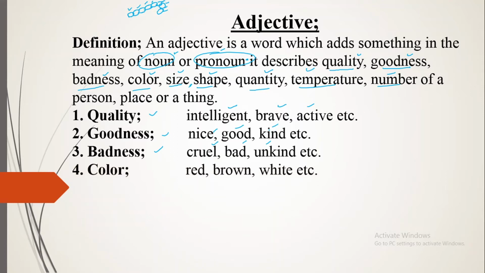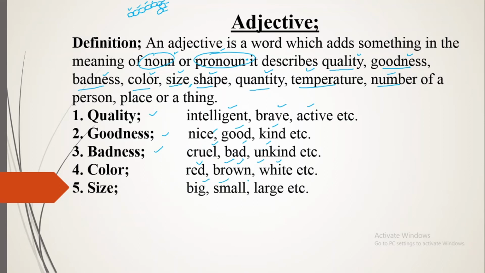Number four, we have got color. Color is also adjective: red, brown, and white. I say it is a red shirt, I have a brown jacket, and he has got a whiteboard. So white, brown, and red are adding something in the meaning of noun and pronoun, describing color. After that, we have got size.